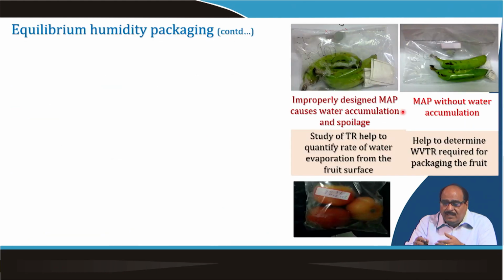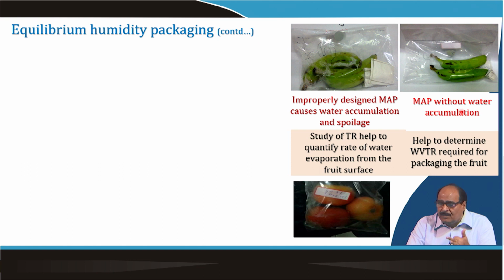You can see here in this experiment conducted in our laboratory, in an improperly designed modified atmosphere package, there is a condensation and accumulation of moisture, and where the moisture is condensed, this acts as a vector for microbial and fungal growth, etc.